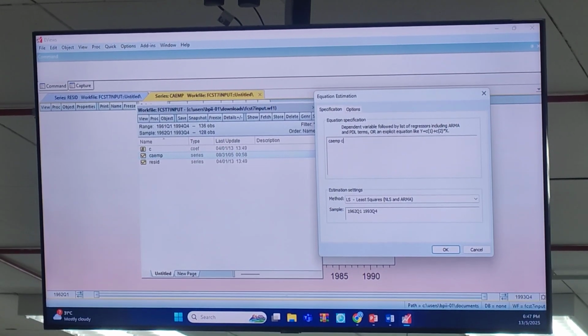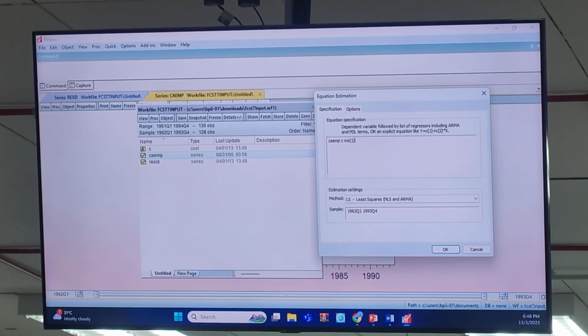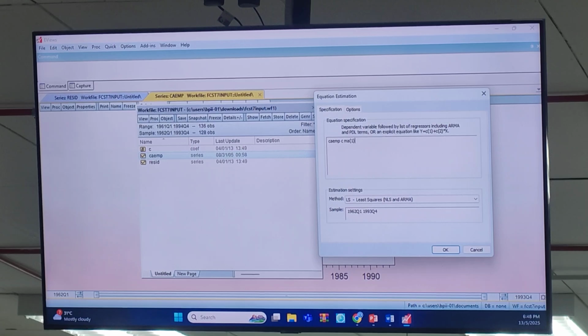So let's say you put C, MA1. This is how we estimate MA1.